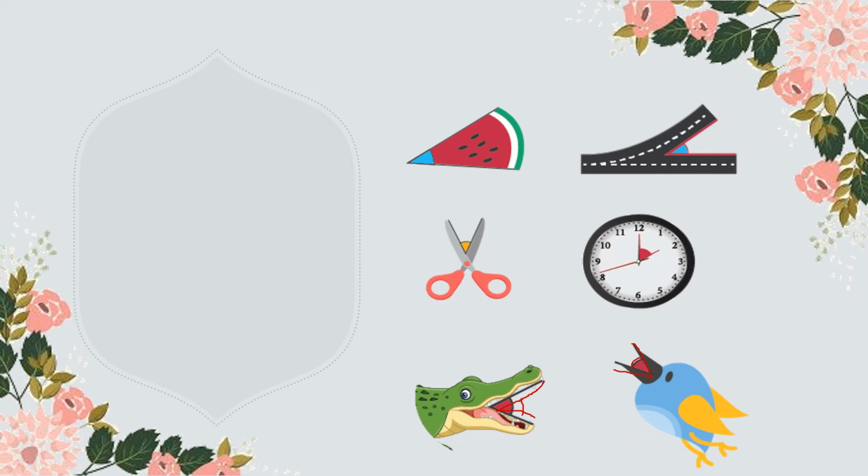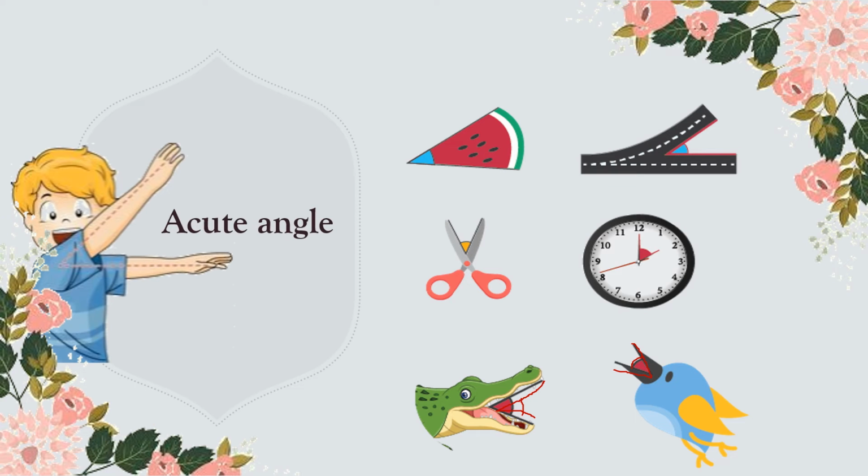The mouth of the alligator also, if you see, it is not 90 degrees. It is slightly open, isn't it. Such type of angle which measures less than 90 degrees is called an acute angle. If you see the hand of this boy, it is not 90 degrees, it is less than 90 degrees, so it is called an acute angle.